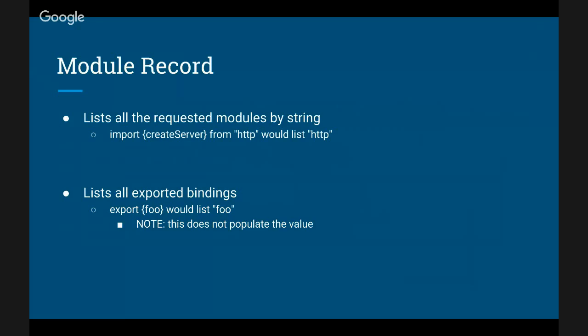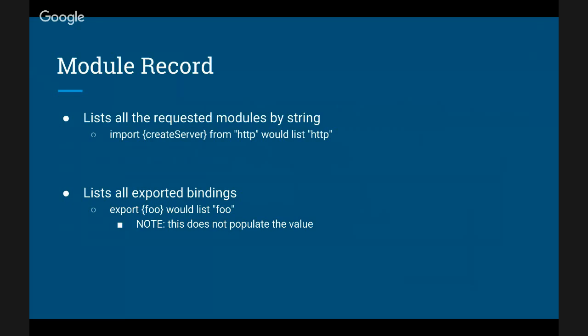One is it needs to have a list of all the requested modules inside the source code, and it needs to have them as strings. So if I do import create server from HTTP, you would get a list with the string HTTP. And it's up to the host environment, Node in our case, to determine where to grab HTTP from.